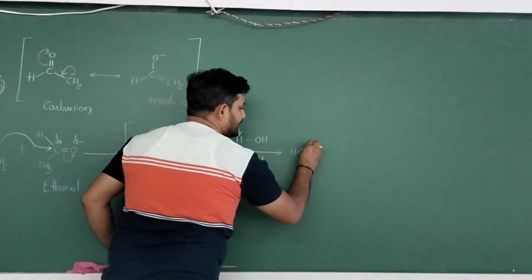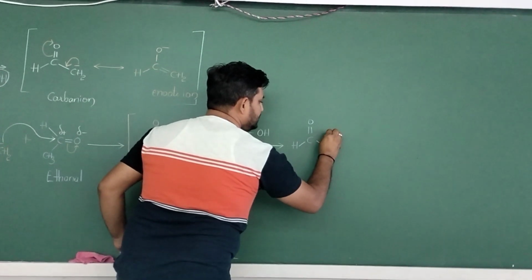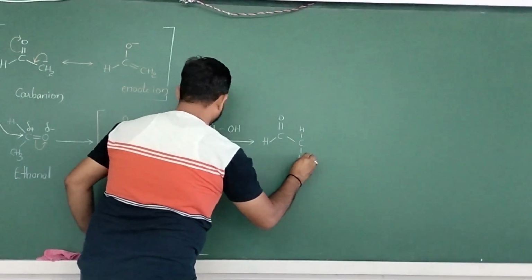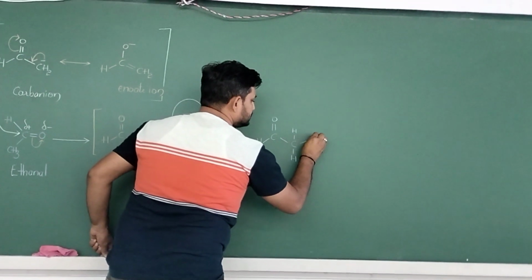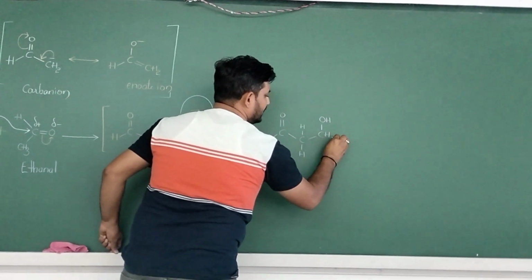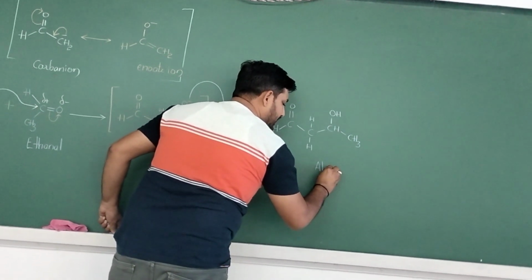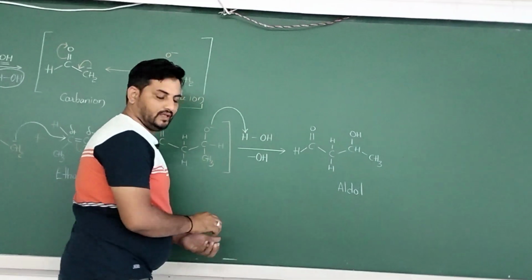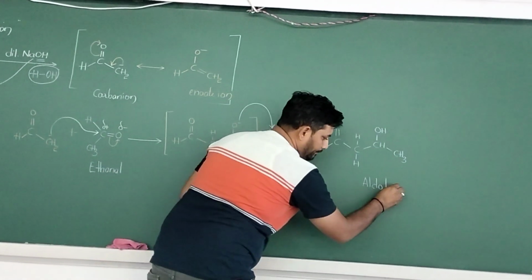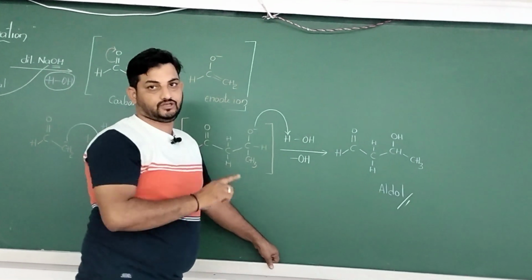A hydrogen intact, C double bond O, a single bond CH2 again, CH, OH and CH. Now guys, this compound is called an aldol, and up to the formation of aldol it is called aldol reaction.